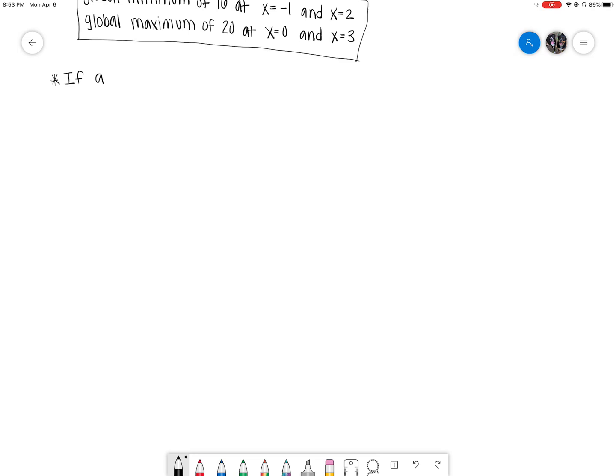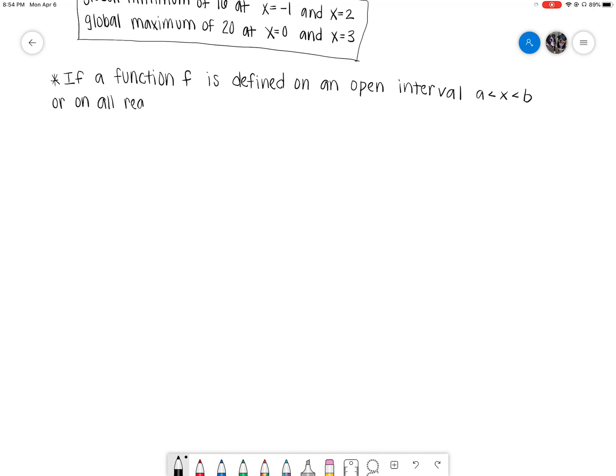If a function f is defined on an open interval, which I'll show you, so an open interval would be a less than x less than b, so the endpoints are not included, or on all real numbers, there may or may not be a global max or a global min.